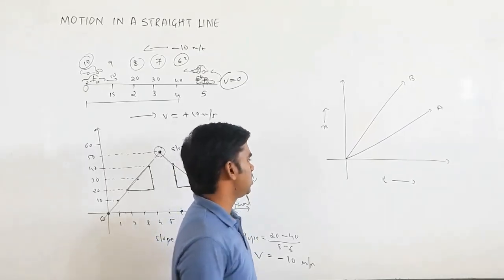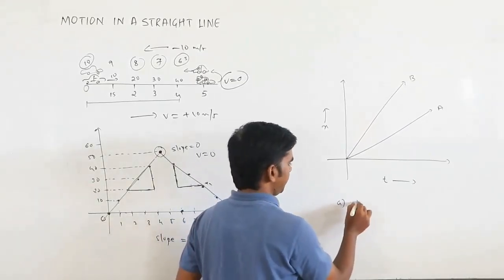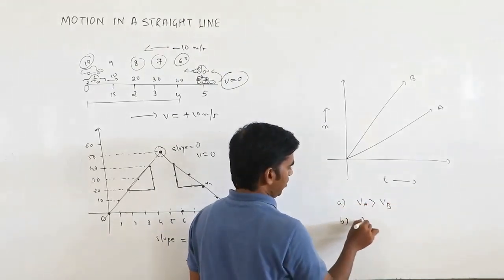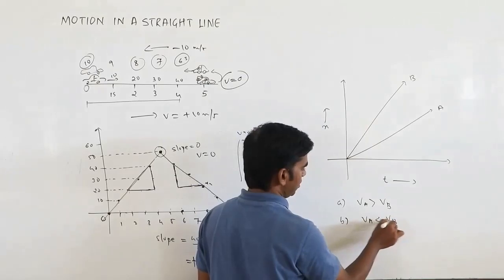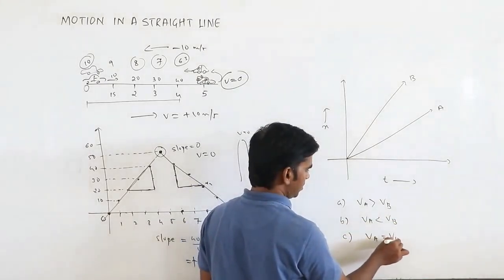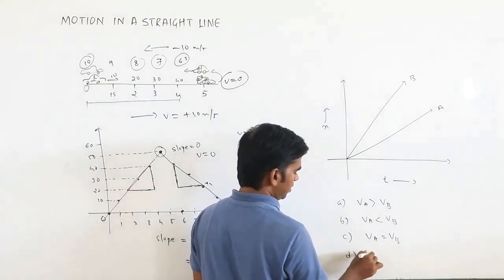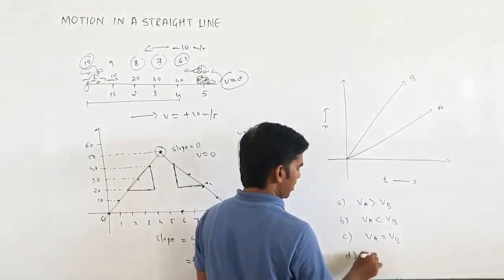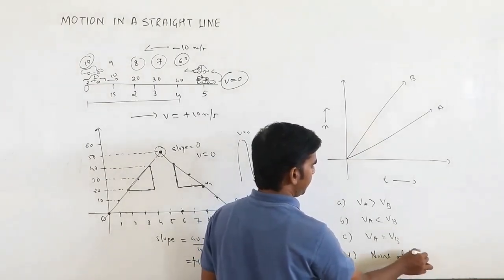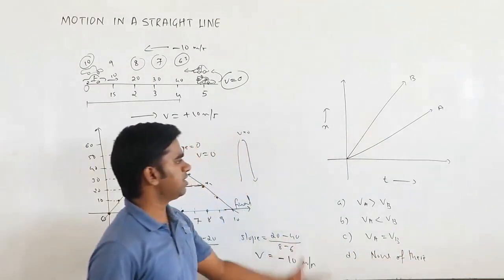Suppose the options are: velocity of A is greater than velocity of B, velocity of A is less than velocity of B, velocity of A is equal to velocity of B, or none of these.